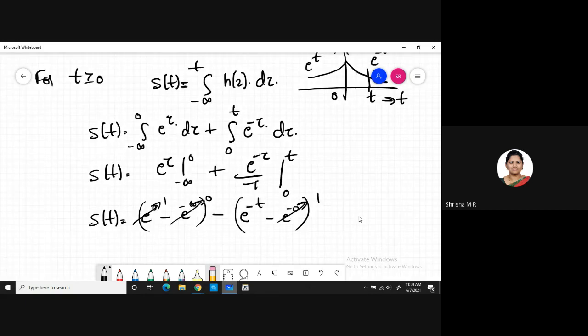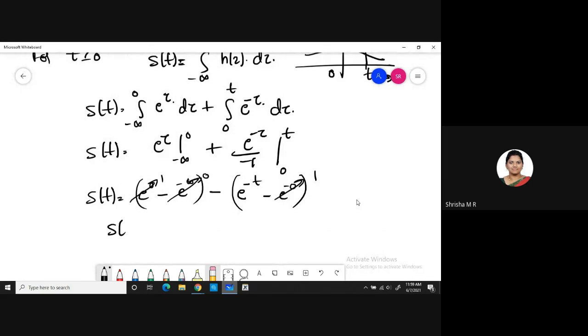So you have S of t equal to 1 minus 0 minus e power minus t minus 1. So what do you get? 1 minus e power minus t plus 1. So that would be 2 minus e power minus t.